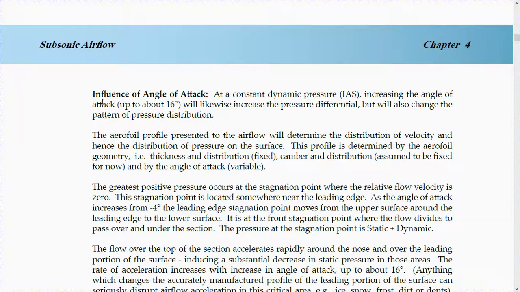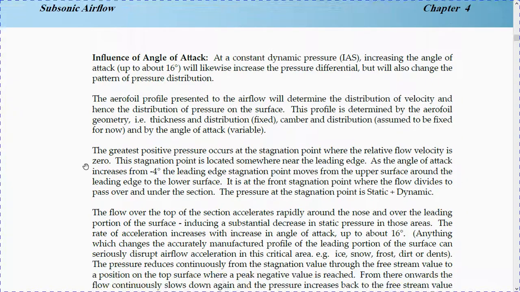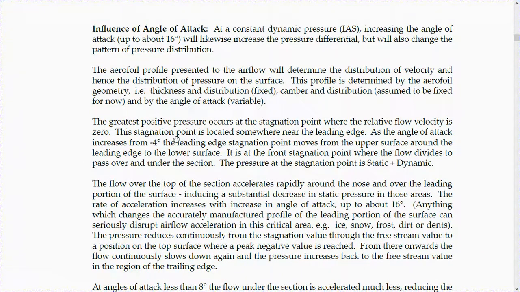Now we can talk about the influence of angle of attack. So now there is a constant dynamic pressure, so constant speed, indicated airspeed. Increasing the angle of attack up to about 16 degrees will likewise increase the pressure differential, but will also change the pattern of pressure distribution. The airfoil profile presented to the airflow will determine the distribution of velocity and hence the distribution of pressure on the surface.